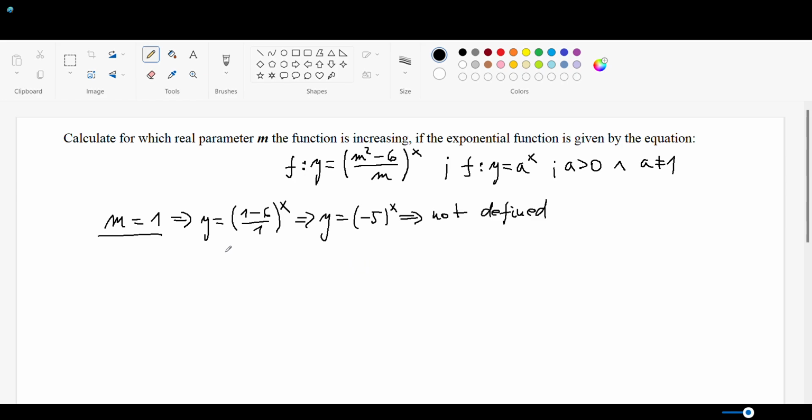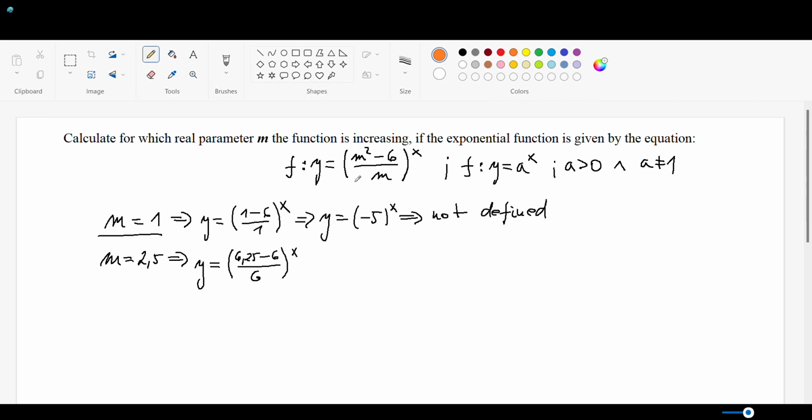Now let's have a look what will happen if I choose m being 2.5, and you will see later on why I choose these numbers. Then my function will be given by the equation y equals (2.5 squared, which is 6.25, take away 6 over 2.5) to the power of x.